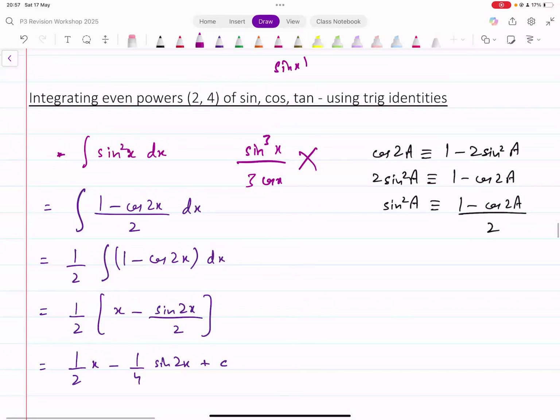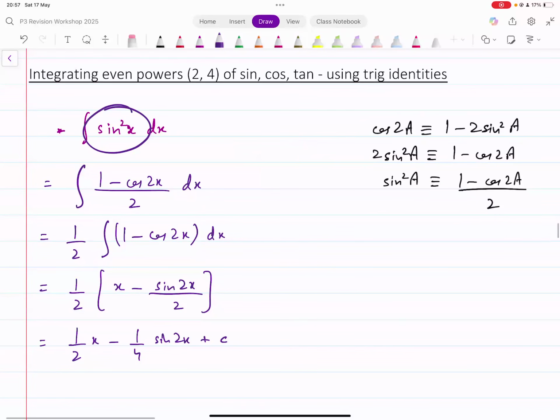Sine of x whole squared, this expression inside is not linear. Linear is just mx plus c, right? The straight line, that's linear. Sine is a curve like this. That's not linear. You cannot use the simple power rule in this. That would not work. So you have to somehow get rid of this power. So this double angle identity helps us get rid of that power, so that we just have cos of 2x, and then we can integrate that directly like this.